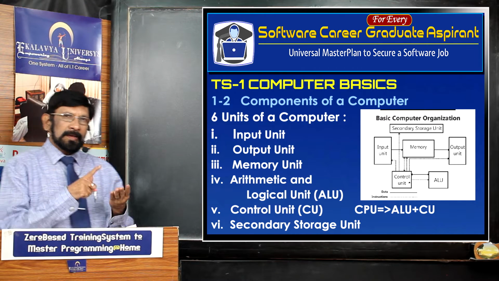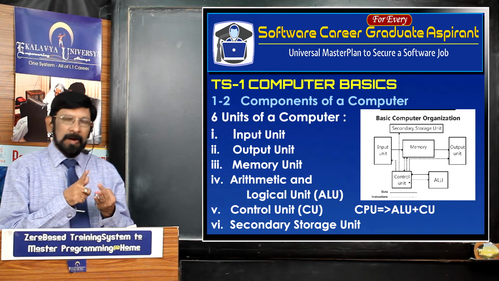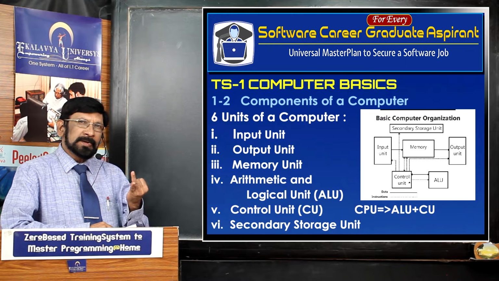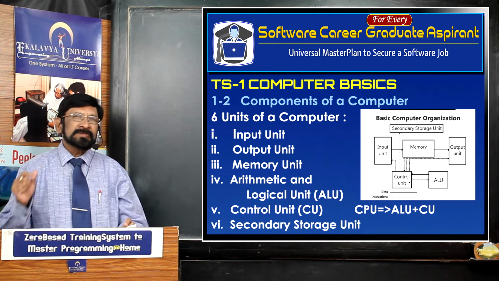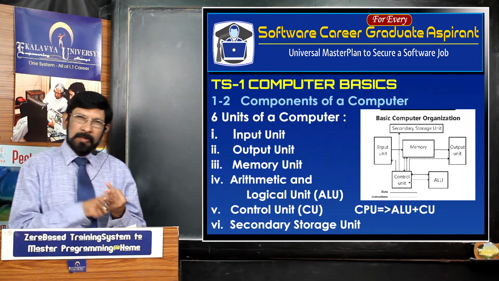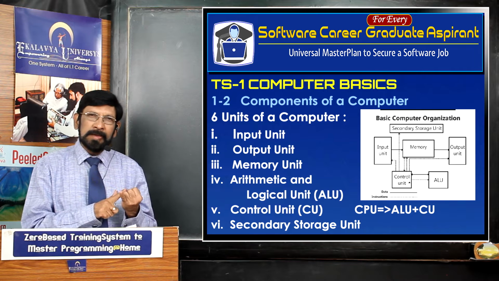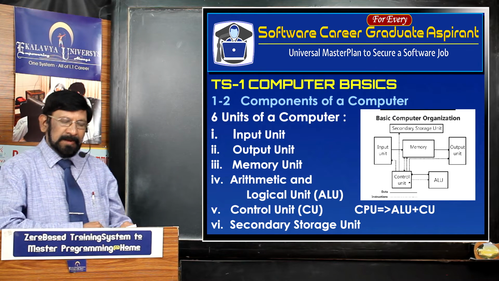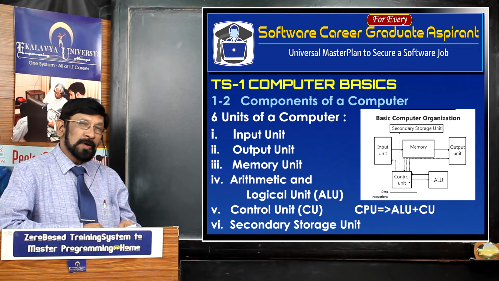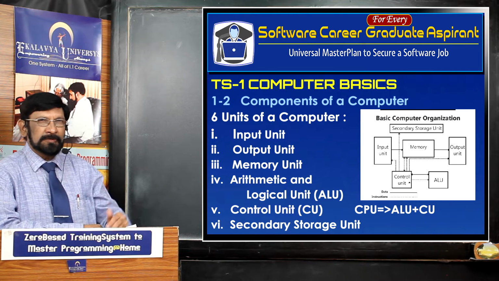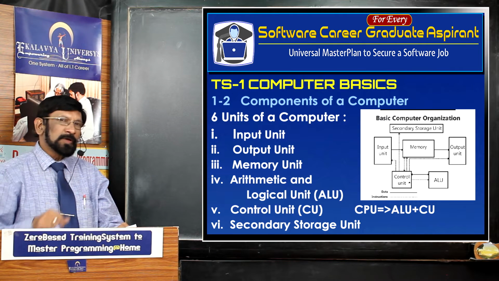They are input unit, output unit, memory unit, arithmetic and logic unit, control unit, and secondary storage unit. Just simply remember input, output, memory, ALU, CU, and secondary storage unit. As I told you already, whenever you are learning a concept, just register it in your brain. By repetition, you can get it.